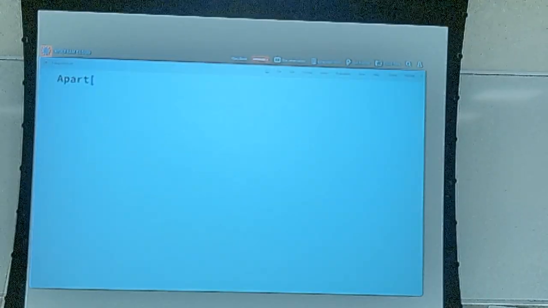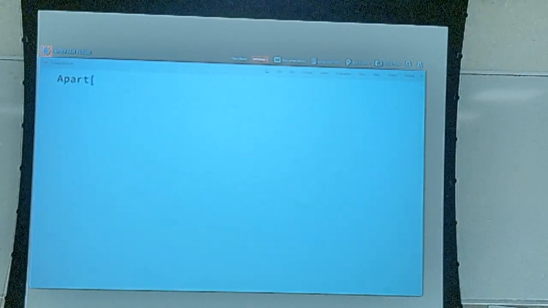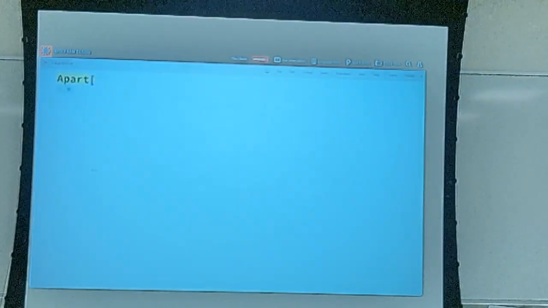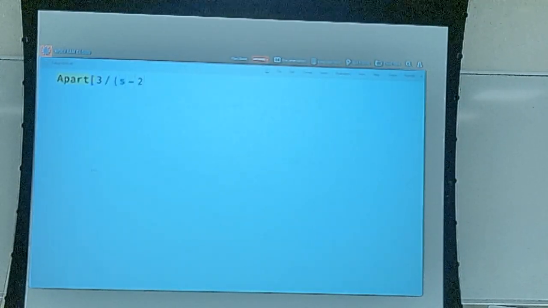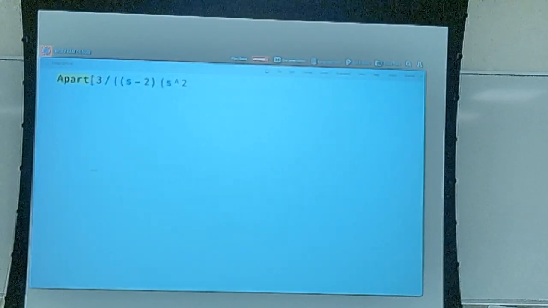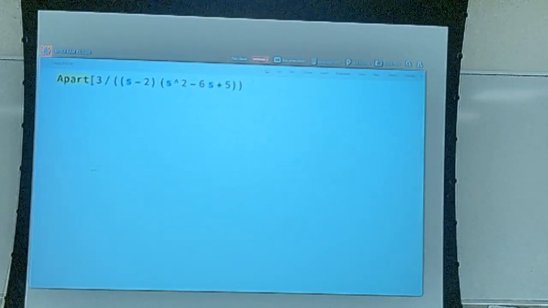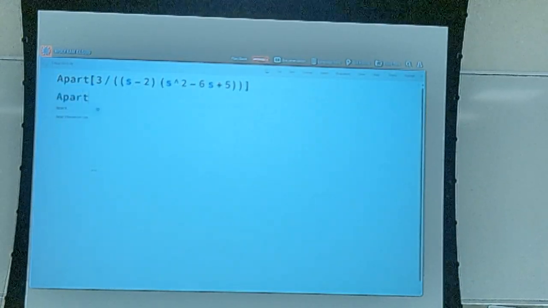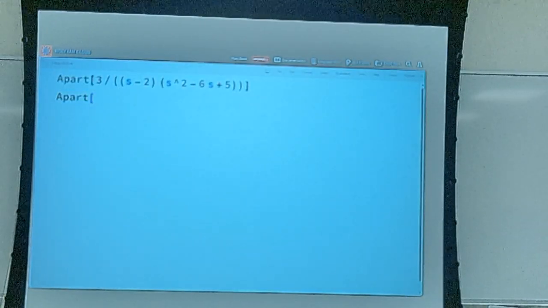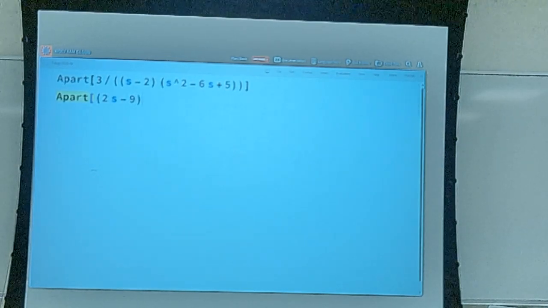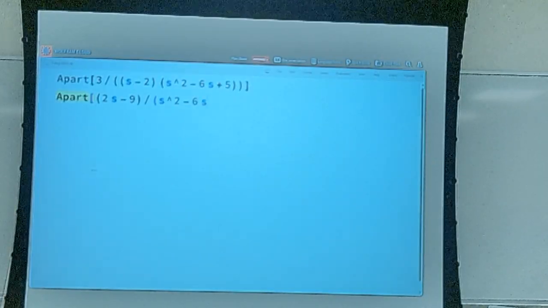There we go. 3 over s minus 2 times s squared minus 6s plus 5. And then 2s minus 9 over that.